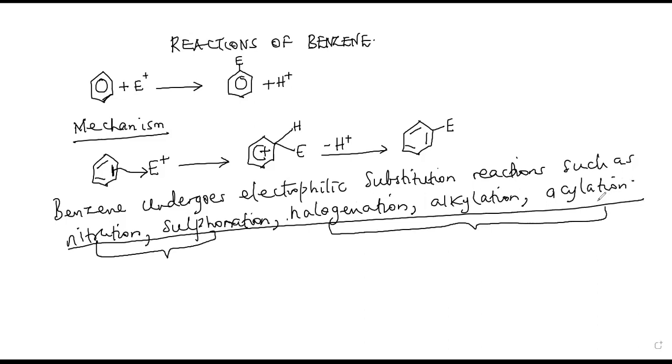Now, we are going to look at them one by one, and then we see the logic behind the reactions of benzene. So we are going to begin with the nitration of benzene, and we see what logic is behind nitration of benzene and how we can carry out the mechanism.